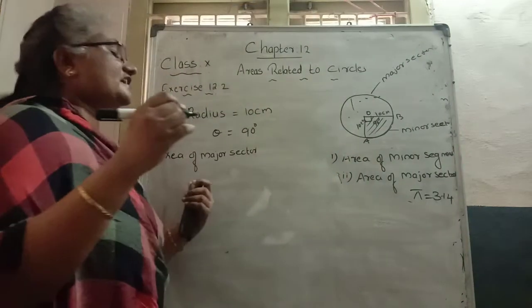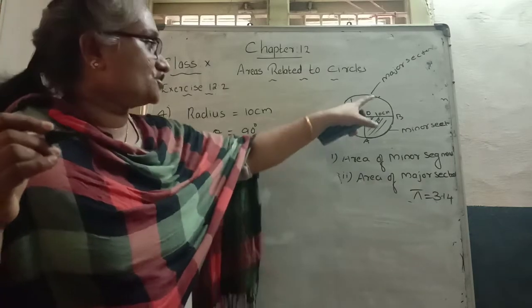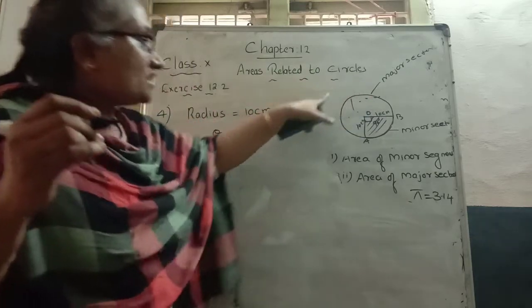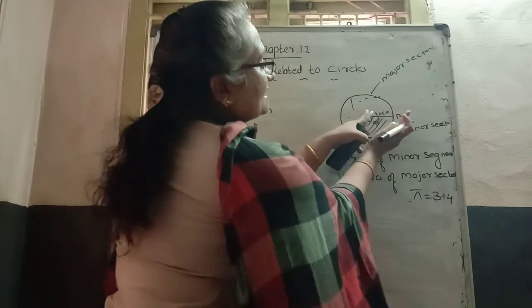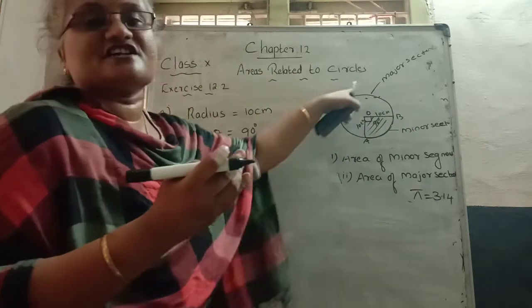What they are asking here is the area of the major part. How to find out? The area of the full circle, from which the area of this minor sector is removed, then we get the area of the major sector.